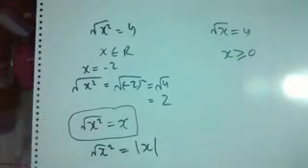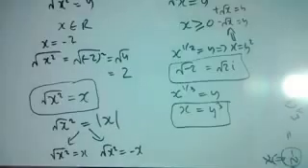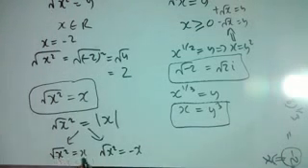If x is greater than 0, then under root of x square is mod x, which is x, when x is equal to 2 or 1.5 or 1.76 or 1.8976. We have under root of x square is equal to x.